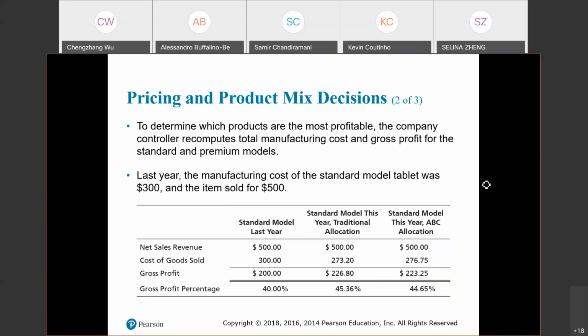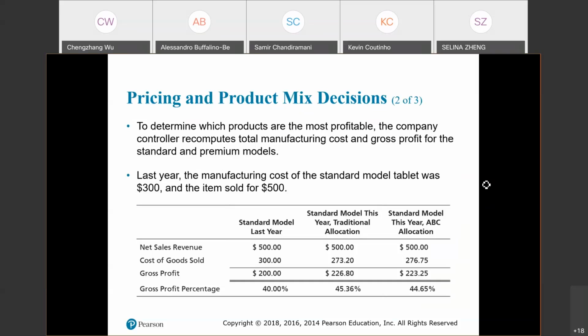So compared with last year's production, the company has predicted costs will decrease by $26.80 per unit this year using a traditional allocation method.